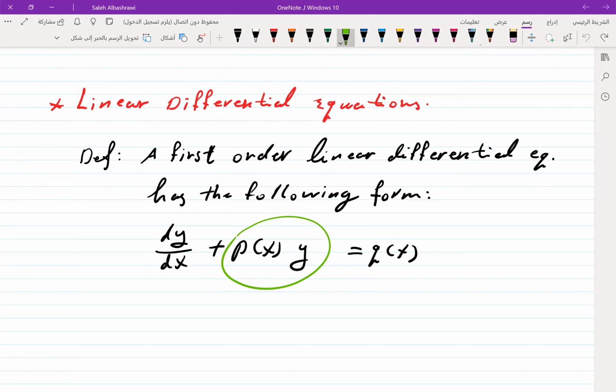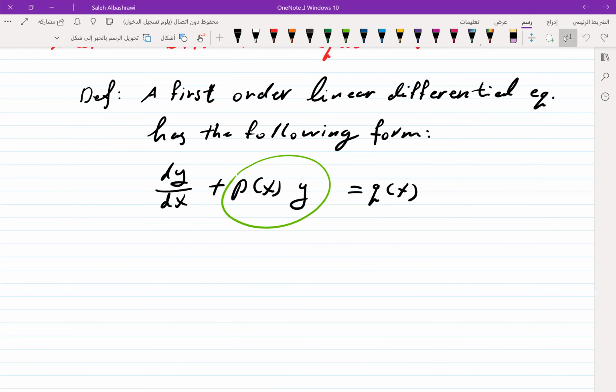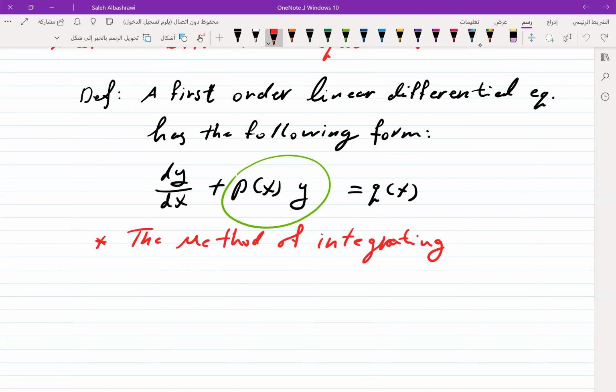The technique that we are going to discuss today is the method of the integrating factor. How do we do this with the method of integrating factor?